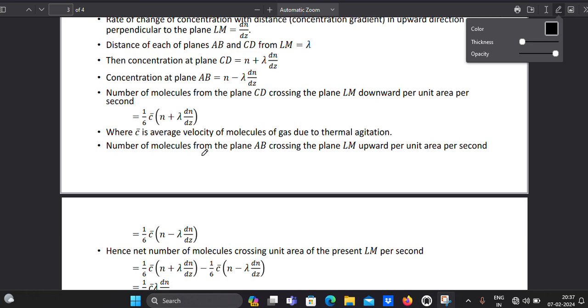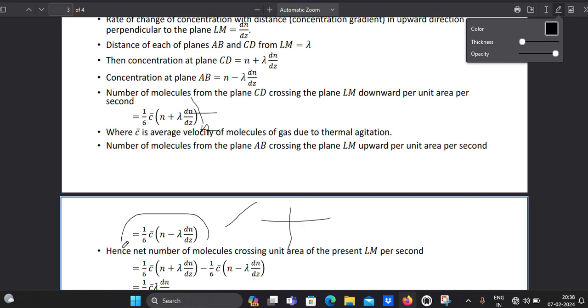Number of molecules from the plane AB crossing the plane LM in the upward direction, per unit area per second. So that was downward from CD to AB side through LM. Now this is from AB to CD side, from down to upside through LM, from the bottom.